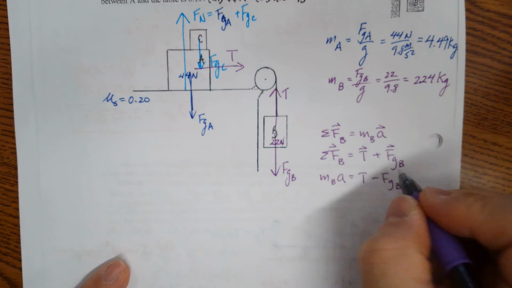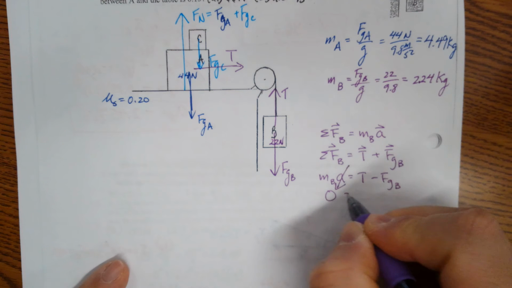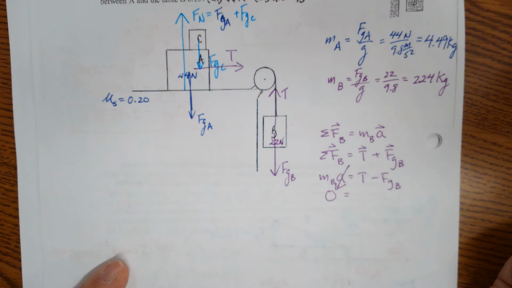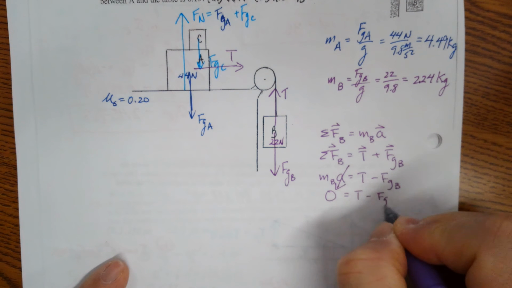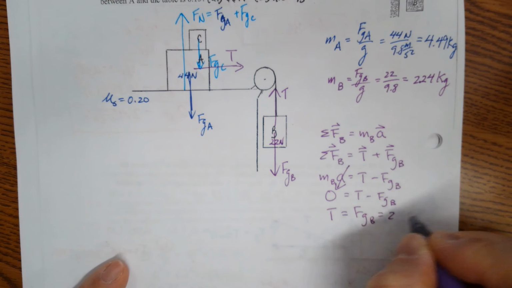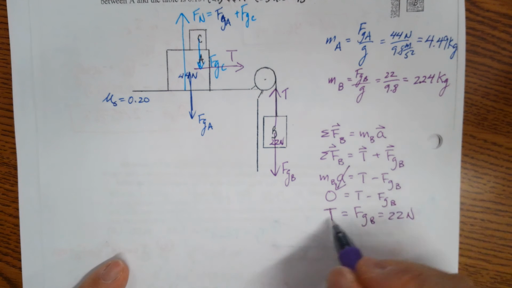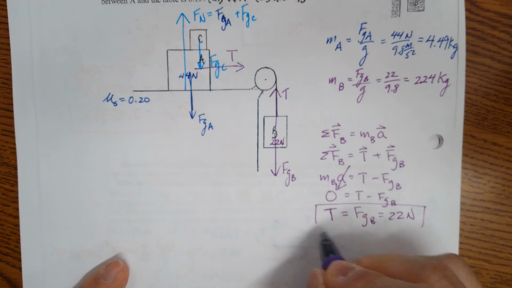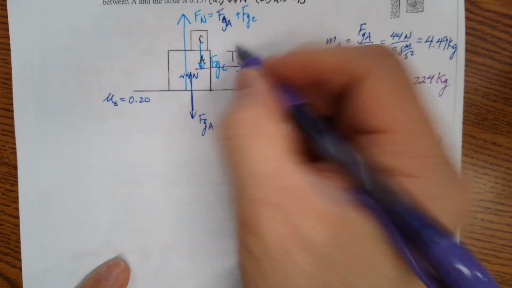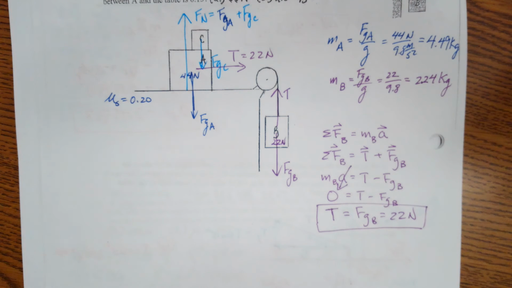My acceleration is 0 because it's not moving. So my tension is equal to FGB, which is 22 newtons. This tension is the same tension.